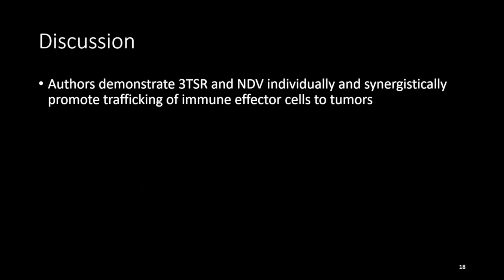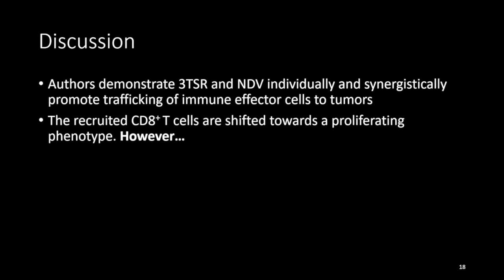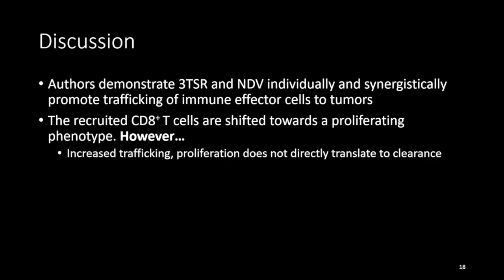So in sum, what the authors show is that 3-TSR and the oncolytic virus both individually and synergistically promote trafficking of immune effector cells to the tumor, with slightly different subsets that they each recruit and activate. They show that the oncolytic virus recruited CD8 positive T cells are shifted towards a proliferating phenotype.